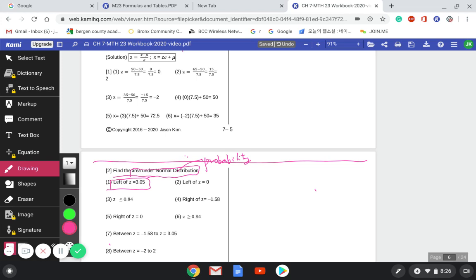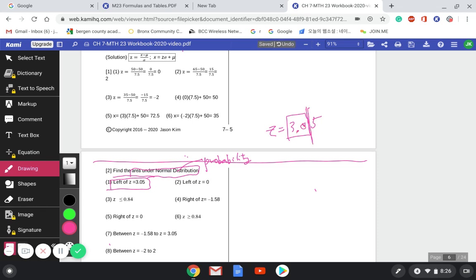Now let me show you how to find that by using table number 3. When the z value becomes 3.05, we use two parts for that.